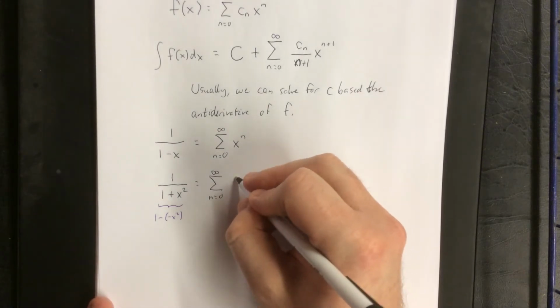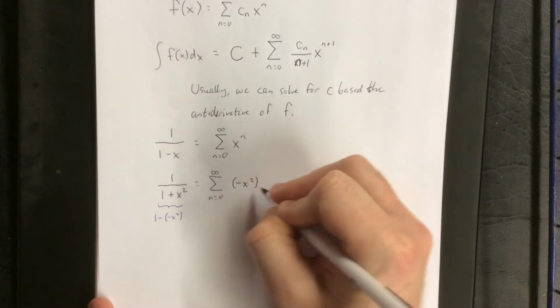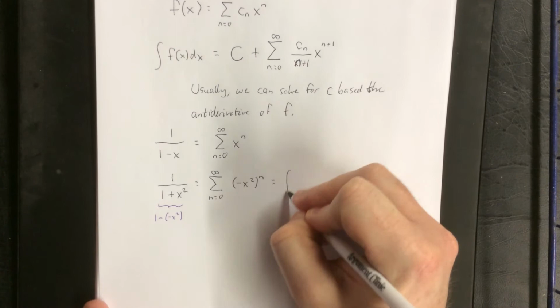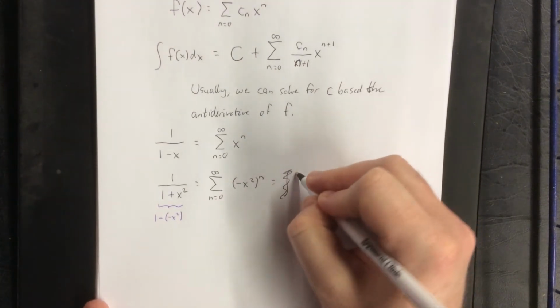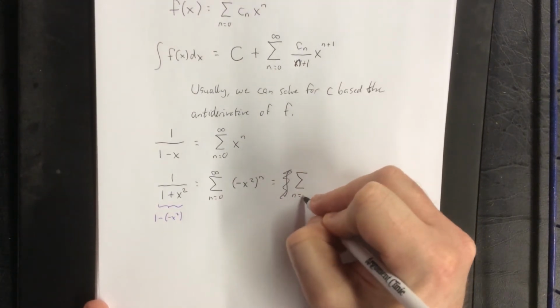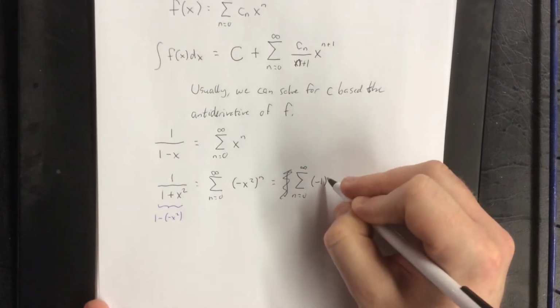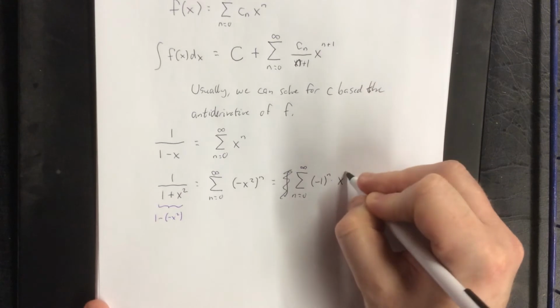So this would be negative x squared raised to the n power. I'm getting so excited about integrating this power series. So this will be negative 1 raised to the nth power times x raised to the 2n power.